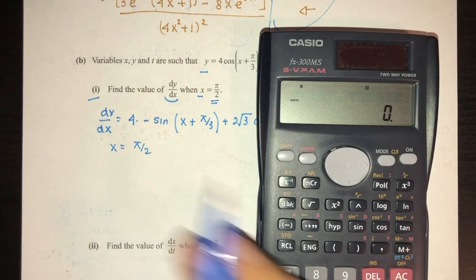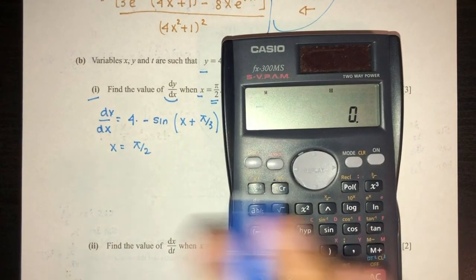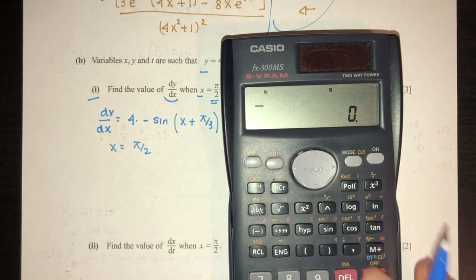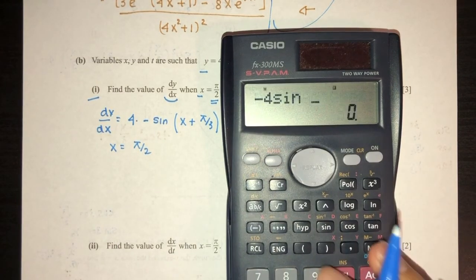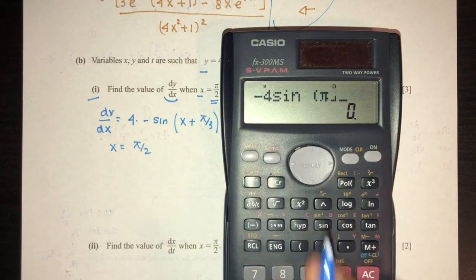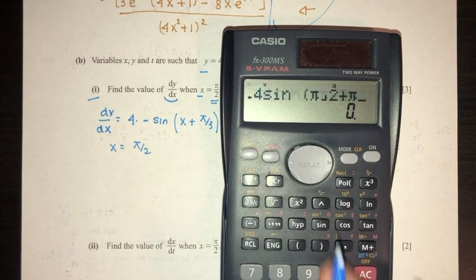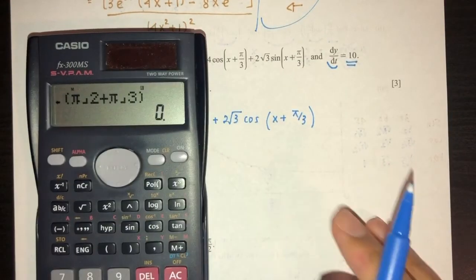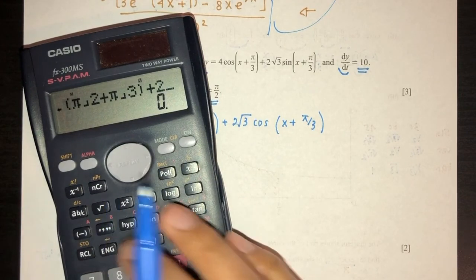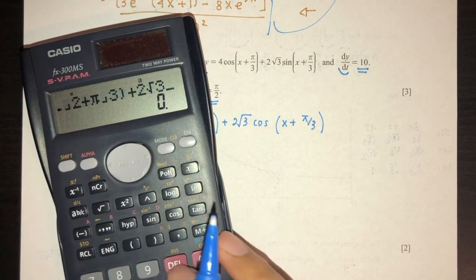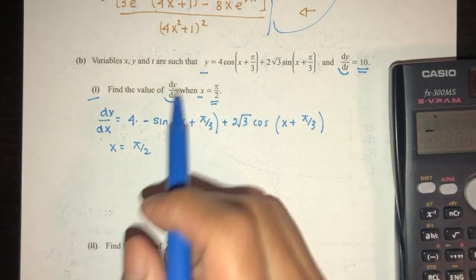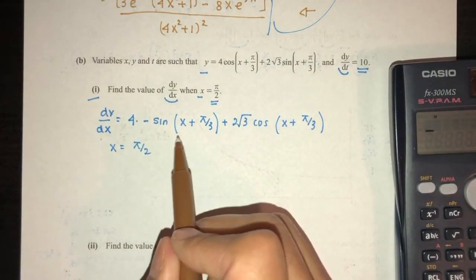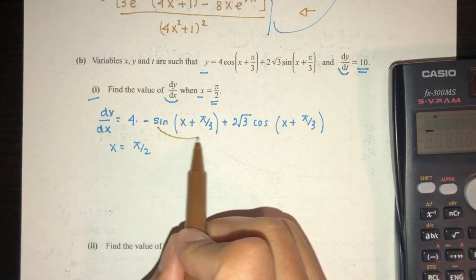So what is pi by 2 if you check? We can just add this inside, no worries. So minus 4 sine, let's use radians here, of pi over 2 plus pi over 3, plus 2 root 3 cos. Let's first find the angles, because if we want the exact value, we will need to first find the angles' values, this and this.